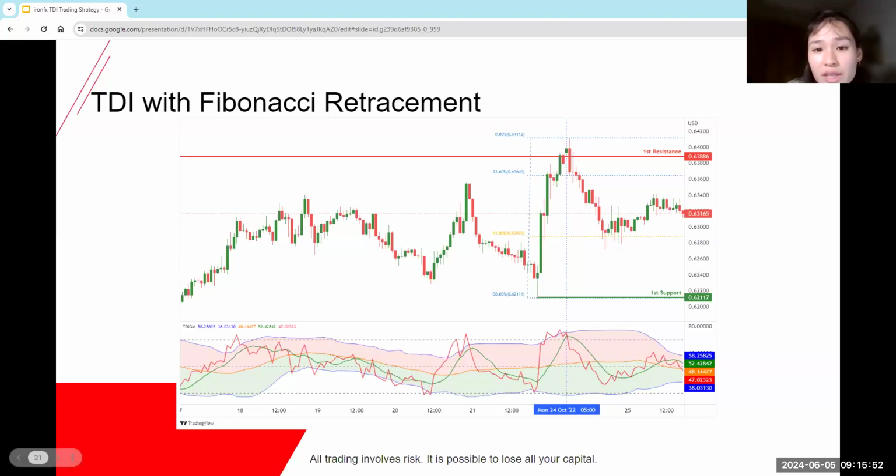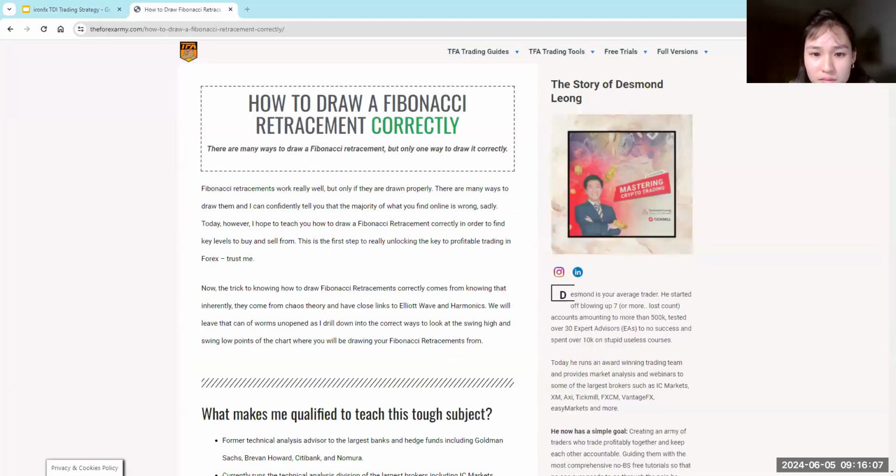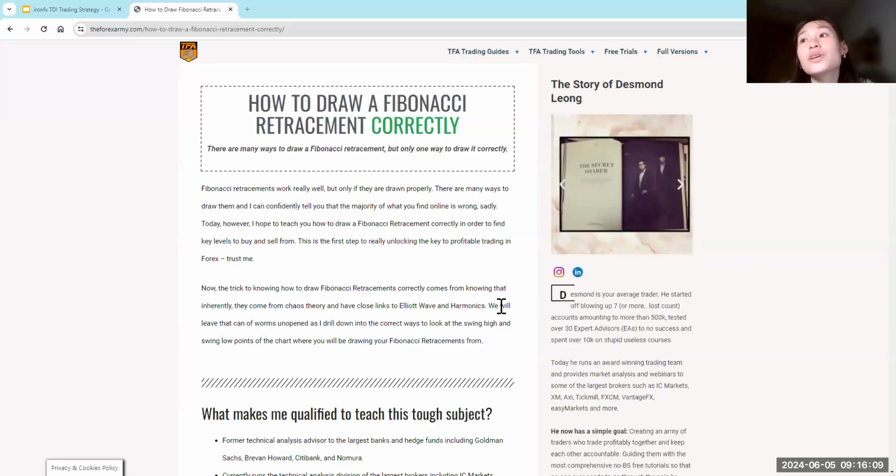So if you're unfamiliar with any of our Fibonacci techniques, let me just introduce you to this website. If you're unfamiliar with Fibonacci retracement, especially since we're talking about that now, feel free to search up forexarmy.com.